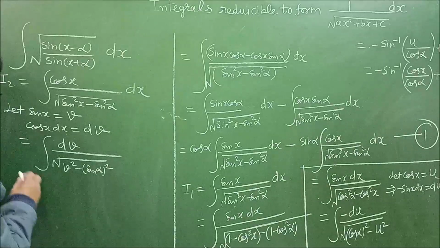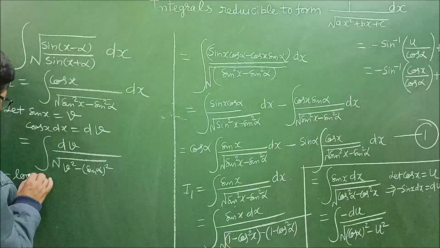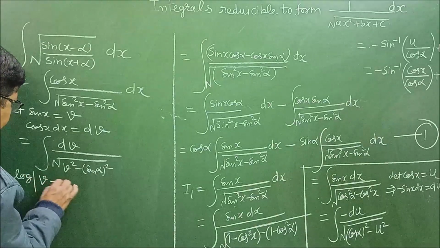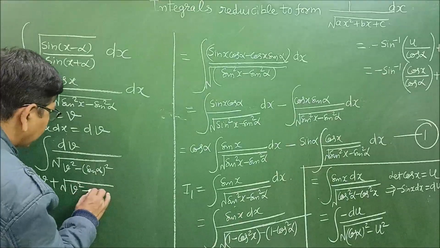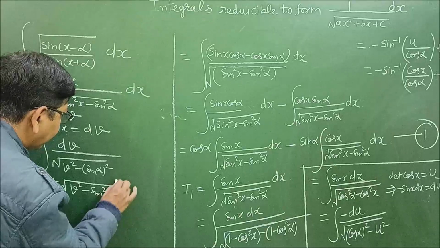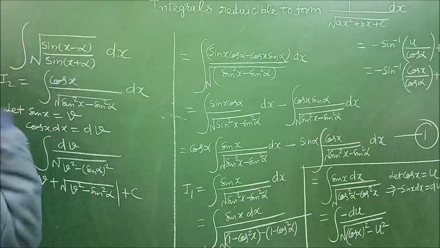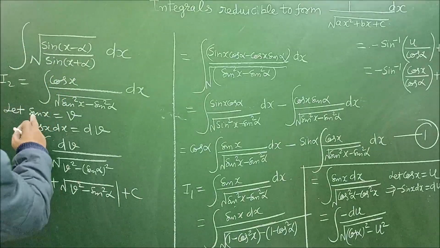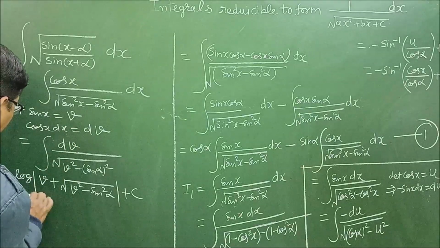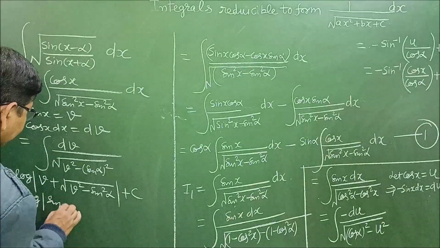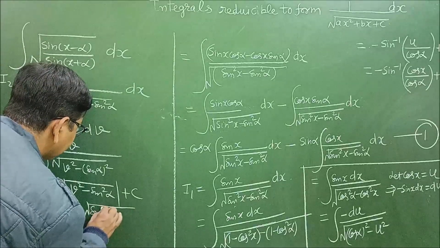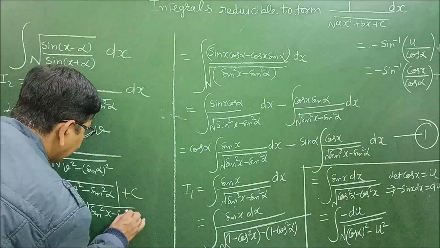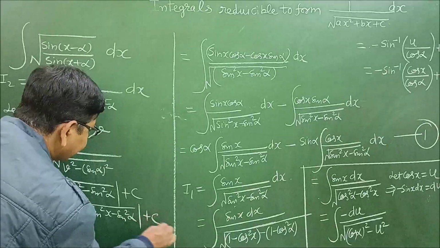So this is equal to log |v + under root of v² − sin²α| plus c. The value of v we have taken is sin x, so this is equal to log |sin x + under root sin²x − sin²α| plus c.